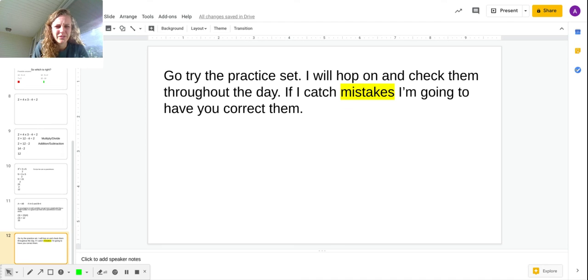So hopefully this gave you thorough enough instructions. You're going to go and try the practice set for today. I didn't tell you this, but from now on, when we're working on practice sets, I want to make sure that you know what you're doing and are doing things correctly. So I'm going to hop into your math document throughout the day and try to check your work and catch mistakes that you're making.